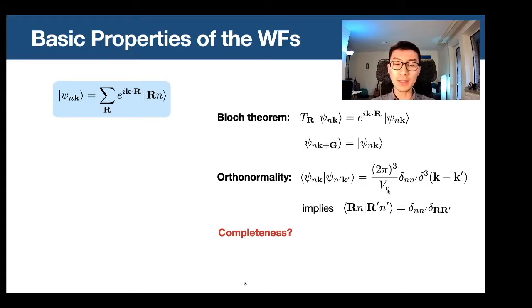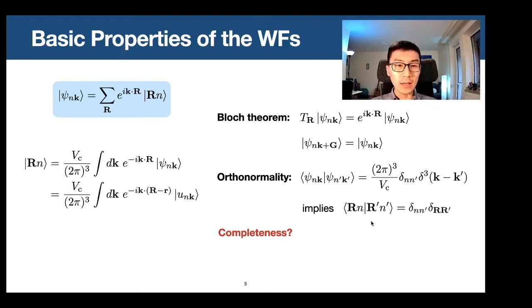What about the completeness? Well, in principle, if we are dealing with an infinite number of Wannier functions, these form a complete basis set. However, we always have only a handful of Wannier functions at the end of the calculation in practice, so you really have to watch out whenever you use the completeness relation in your theory.